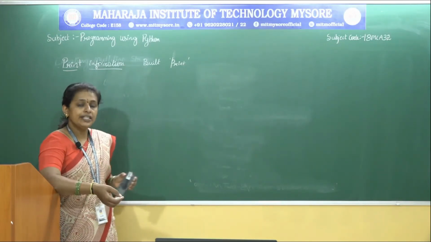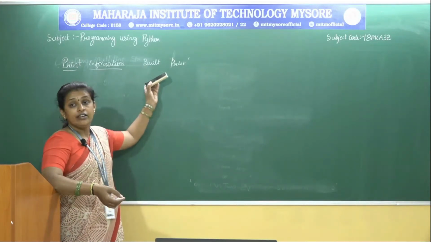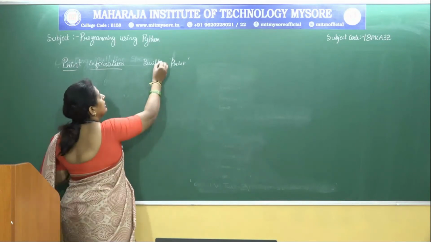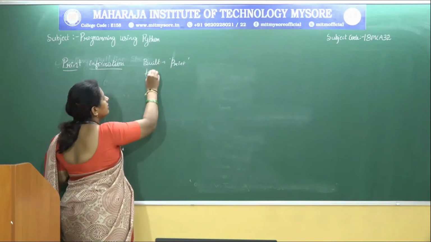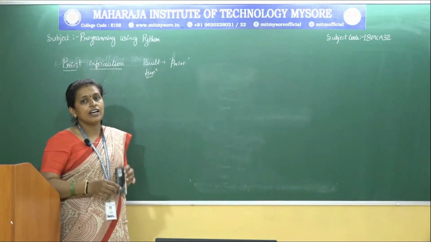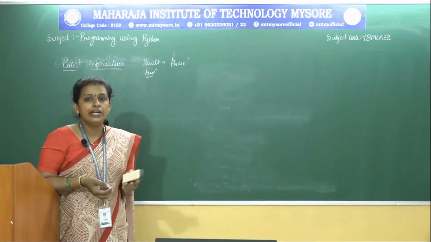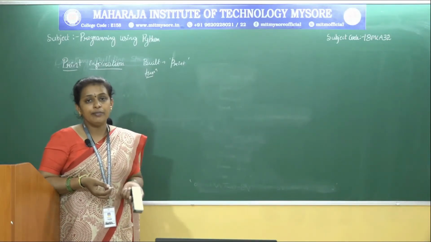It is used to print values to the screen. I am repeating, we have a built-in function print, which is used to print a value on the screen. We can use this print function to print a message in our program also.